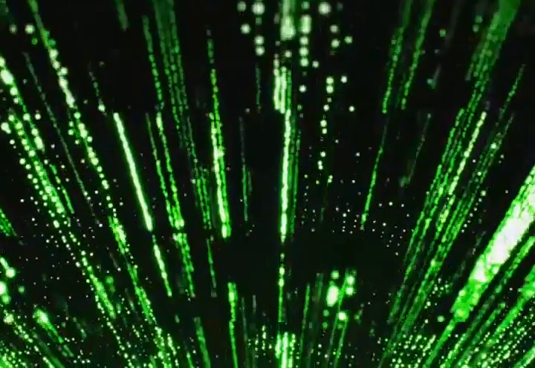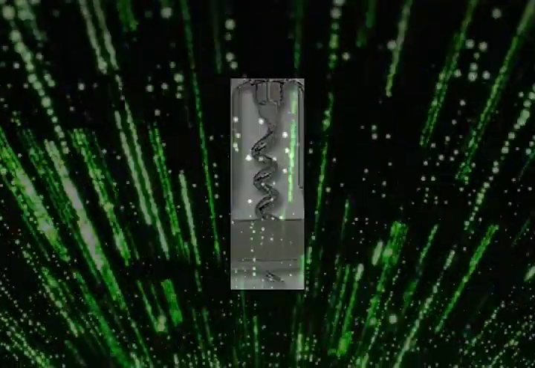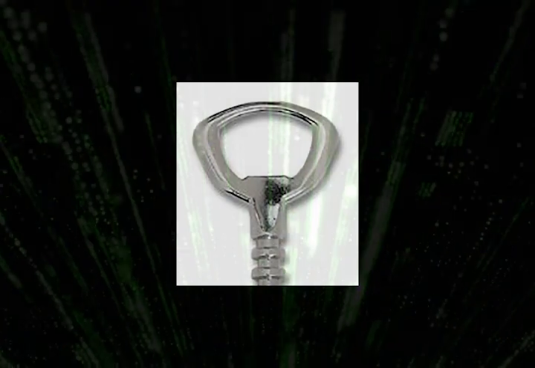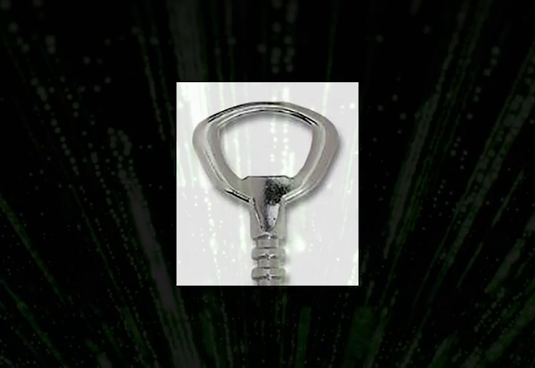Right. Well, at one end of it is the curly screw that goes into the cork. Right. At the other end is a handle of some sort that helps you to grasp it, but also helps you to press the screw thing into the cork.